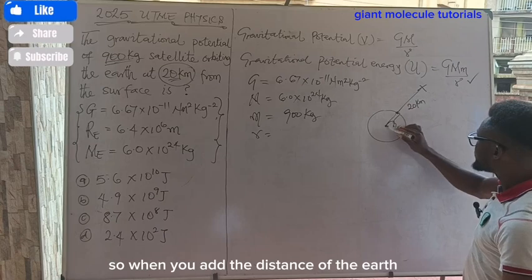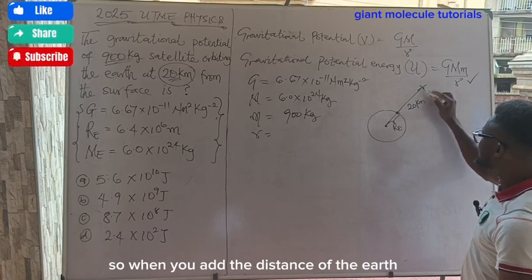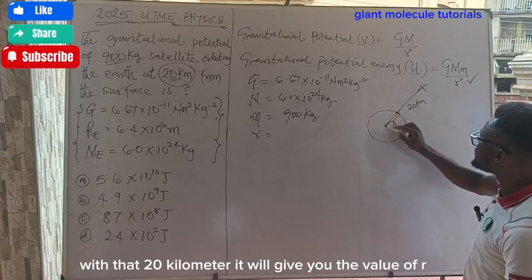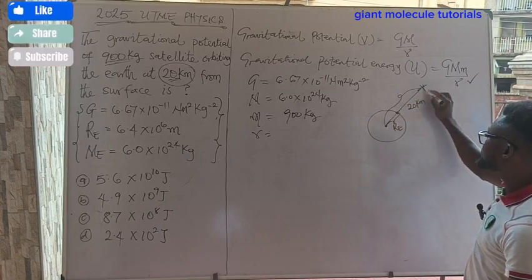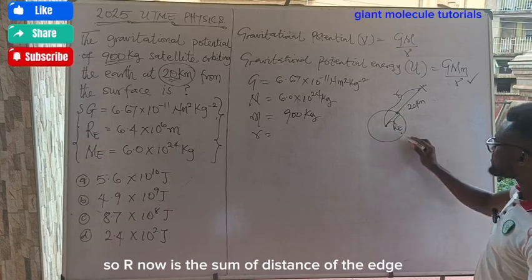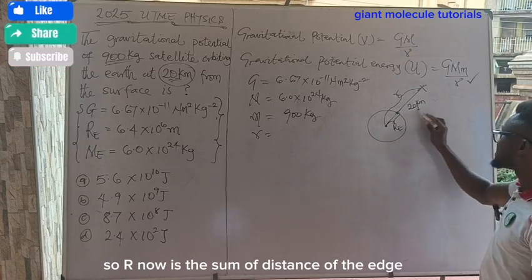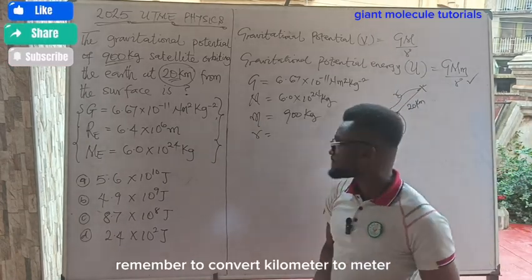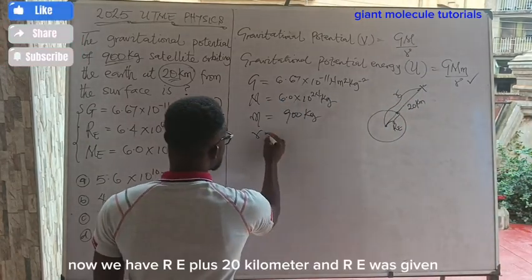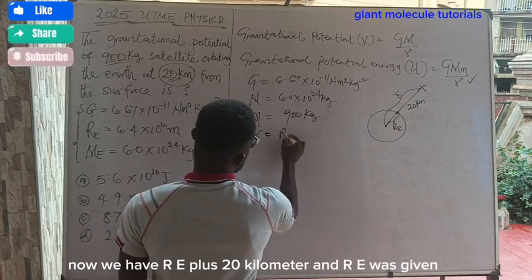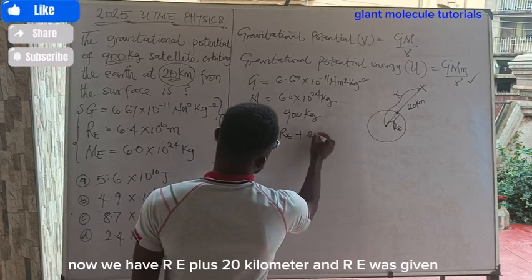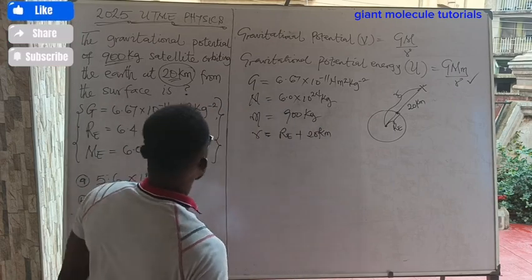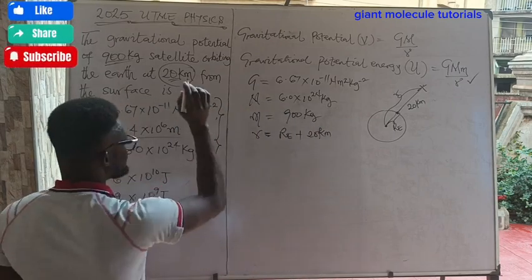So when you add the distance of the Earth with that 20 kilometer, it will give you the value of R. So R now is the sum of distance of the Earth and the 20 kilometer. Remember to convert kilometer to meter. Now to get the R, we have RE plus 20 kilometer. And the RE was given, we have RE here.